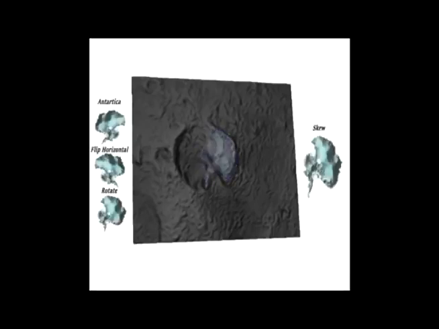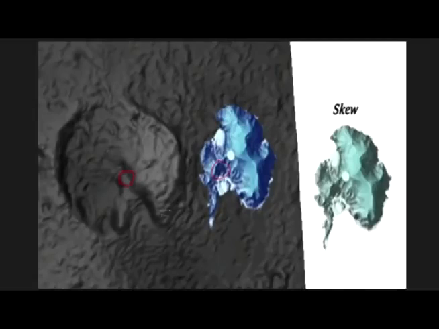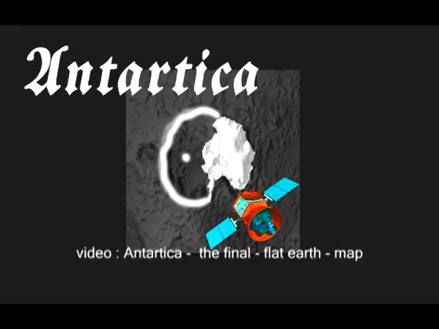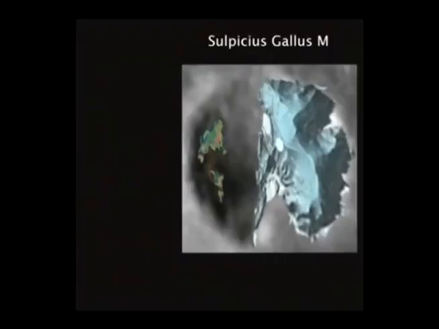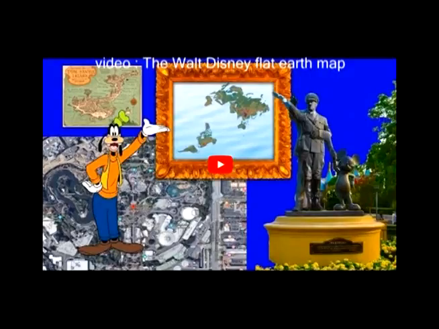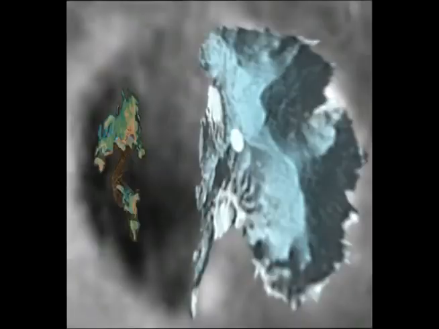Antarctica fits perfectly in crater Sulpicius Gallus M. 4. The Americas are positioned in a completely different way. So, now that we have the real world map, it's fairly easy to find an Ice Age map.